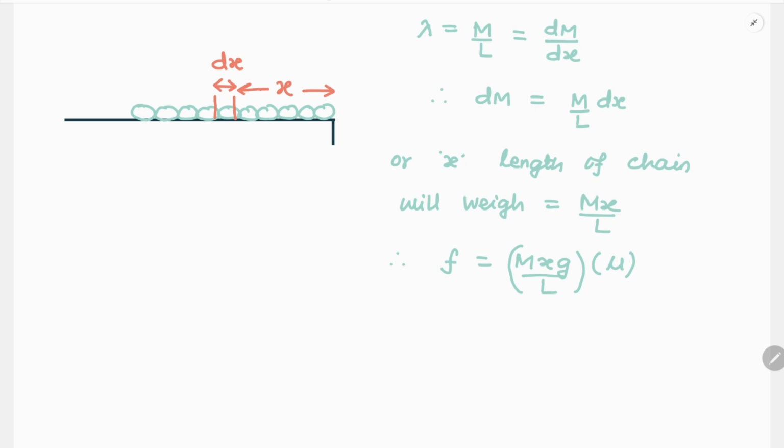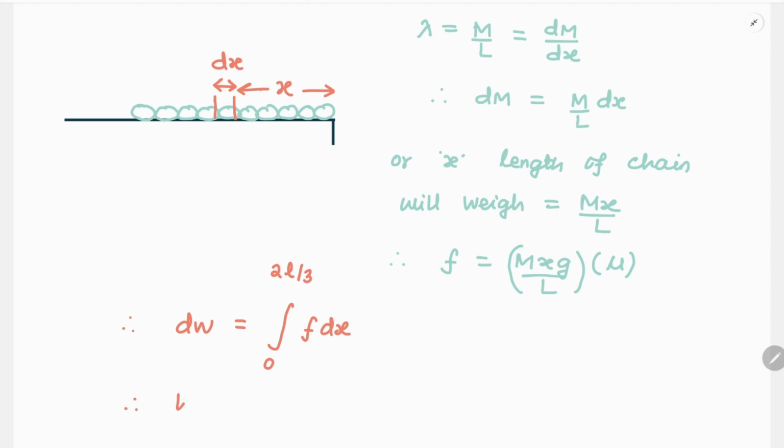Now since this chain is undergoing a displacement x, at every point of time we can calculate the work done, which is equal to the integration of f dx, where the value of x is changing from 0 to 2l/3.